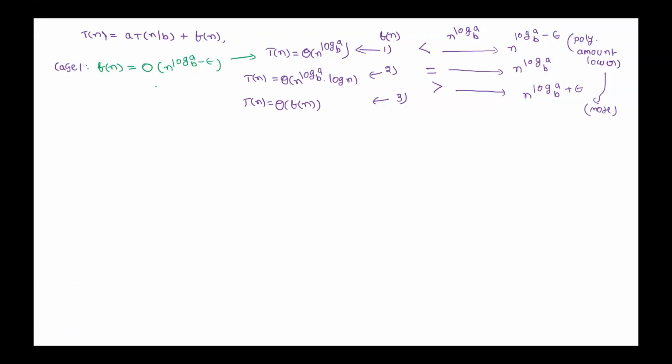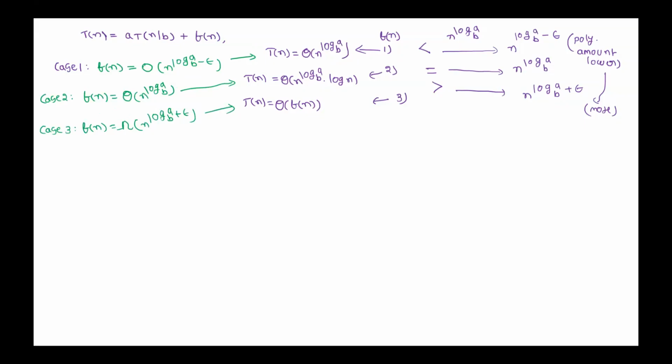In that case, this is the answer. What is the second case? The order of growth of f of n is the same as n power log a base b. This is the answer. What is the condition here? The order of growth of f of n is strictly higher. Then the answer is this.